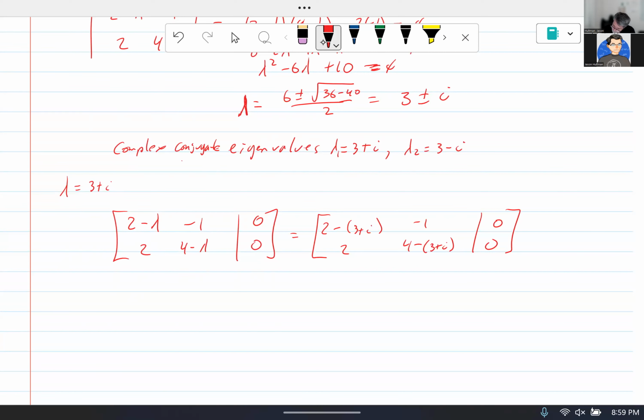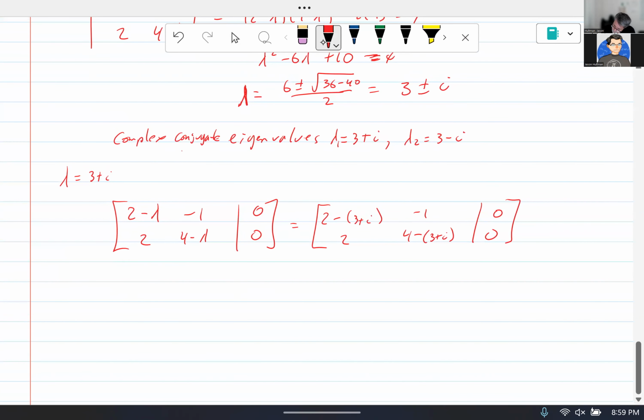Now this equals 2 minus 3 is -1 minus i. This is -1, and this is 2, and this is 1 minus i, 0, 0.